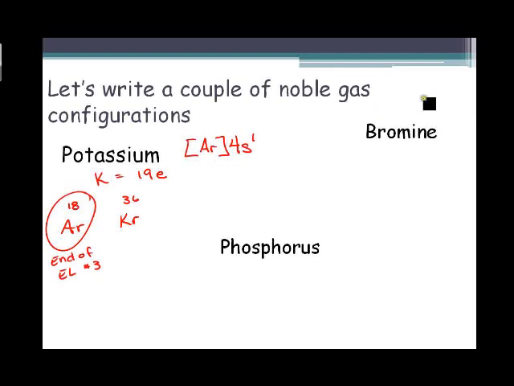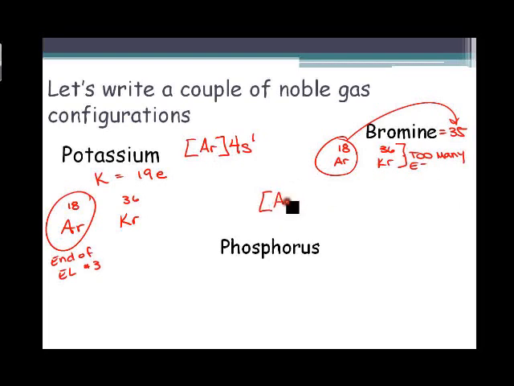If we look at bromine, bromine has 35 electrons. So again, our noble gases are either argon with 18 or krypton with 36. 18 still does not go over that 35. 36, krypton still has too many electrons. So we put argon in the brackets, pick up our configuration at 4s.